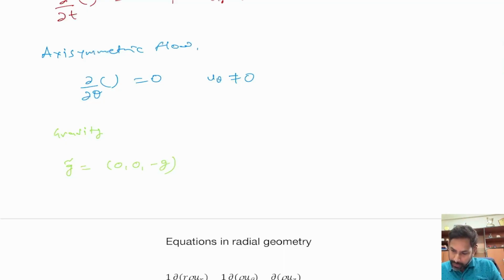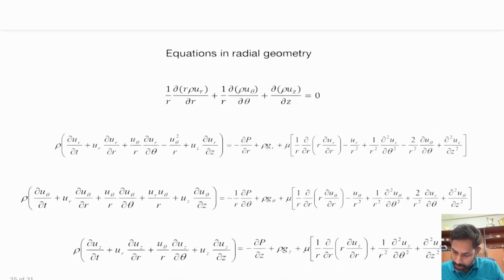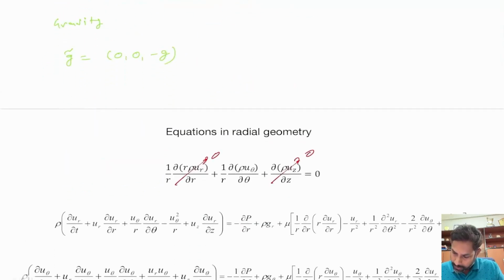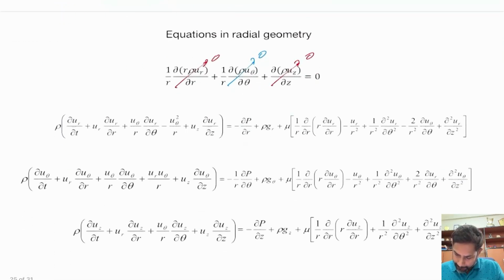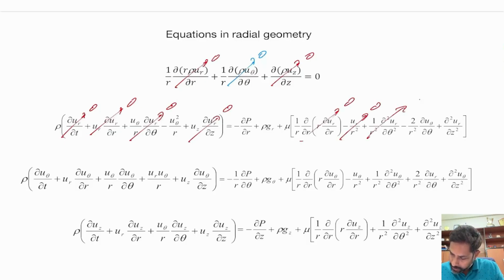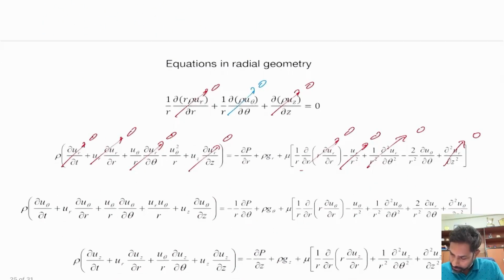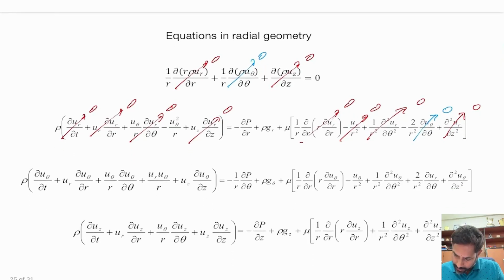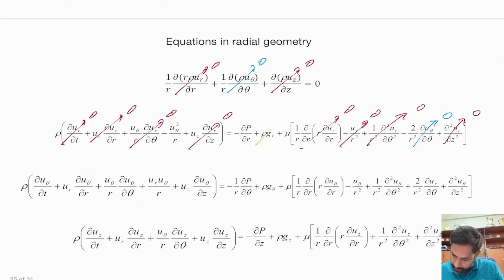Okay, so based on this, now we will make some simplifications. So your ur and uz are 0, so this becomes 0, and du by d theta is 0, so we will use the blue color here. ur is 0, this is 0, this is 0, and this is du theta, that is 0.